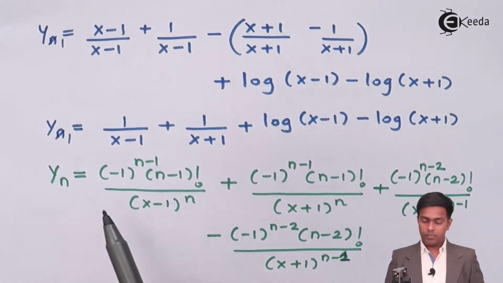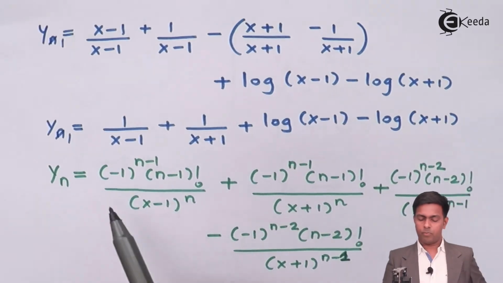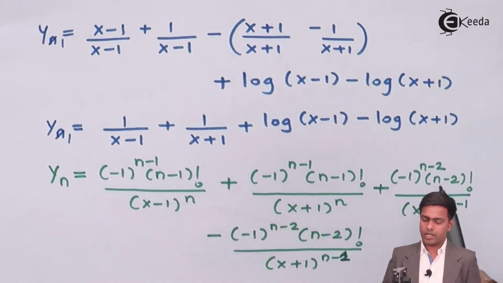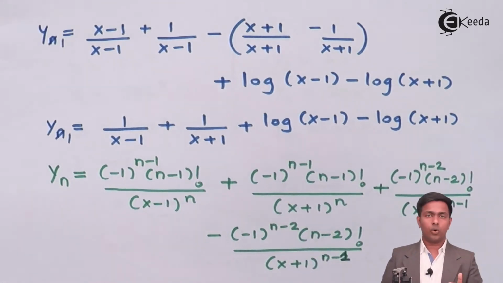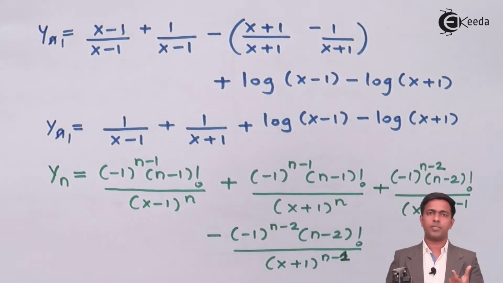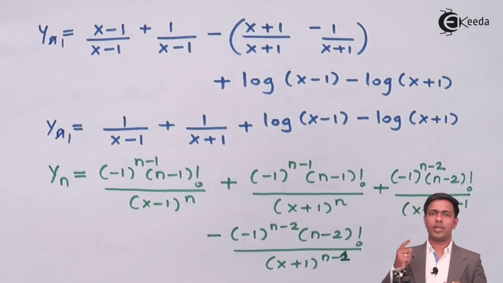From these 4 terms, we have minus 1 raised to n minus 1 and minus 1 raised to n minus 2. Out of these, the lowest term is minus 1 raised to n minus 2, so we'll take that minus 1 raised to n minus 2 common.